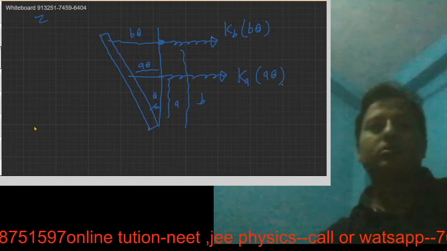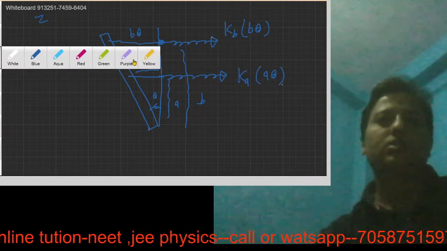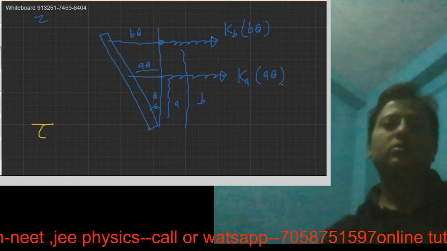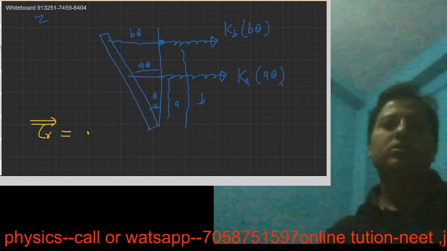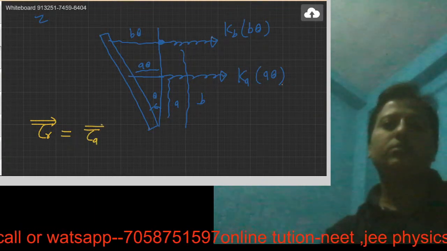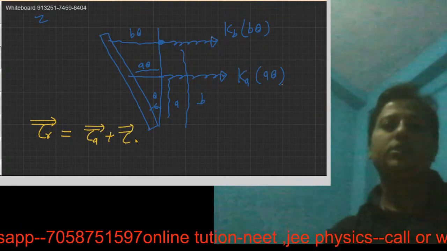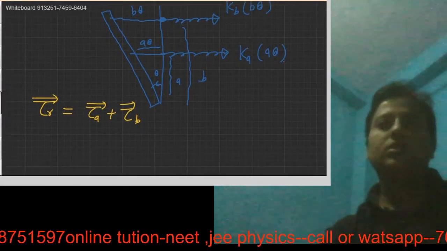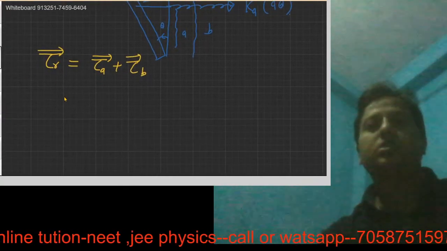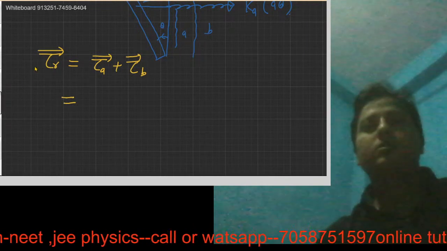So the total restoring torque is the torque due to A plus the torque due to B. So what is the torque due to A?